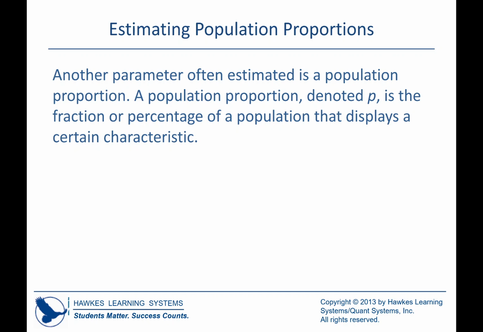I don't particularly like that, but that's what our textbook author has gone with, and that is used sometimes. Sometimes instead of p, which is confusing too, you'll see people use pi, Greek p. Our text uses a p, and it's just a fraction or a percentage of the population that has some certain characteristic that we're looking for.